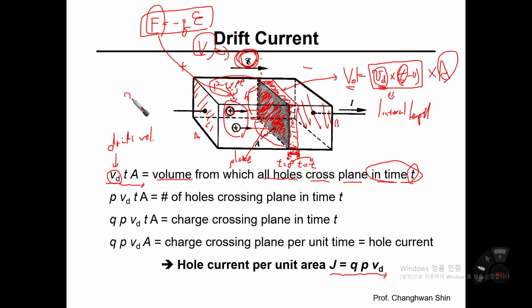However, the drift velocity indicates the average velocity. Vd indicates the average velocity of all holes in the p-type silicon material.